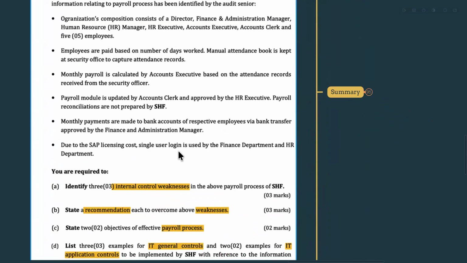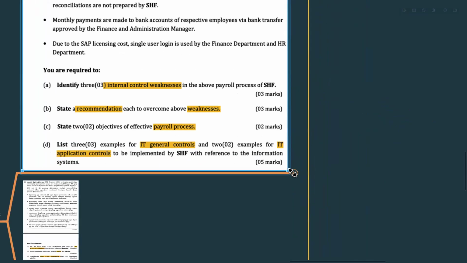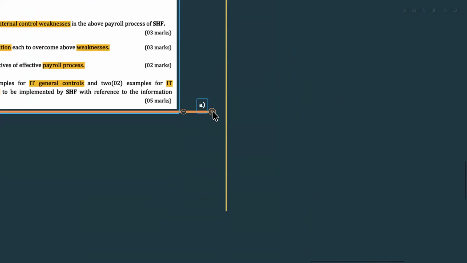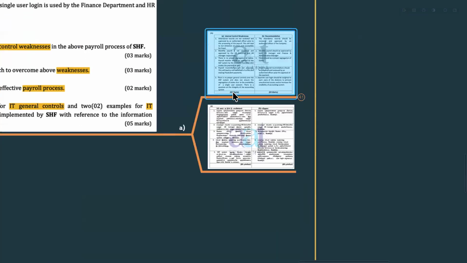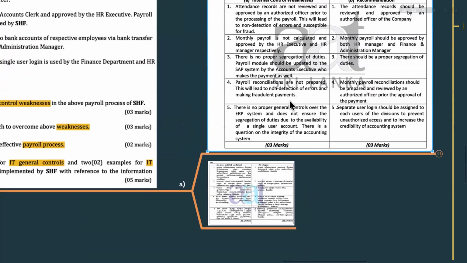This is an authorization control issue. Anyone can share the password, and if someone makes a mistake or changes something, we cannot track who made which change. So that's the problem of authorization and access control. Right? We studied everything. So see the answer to the question here.